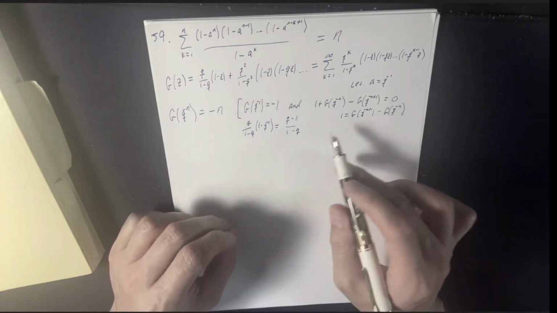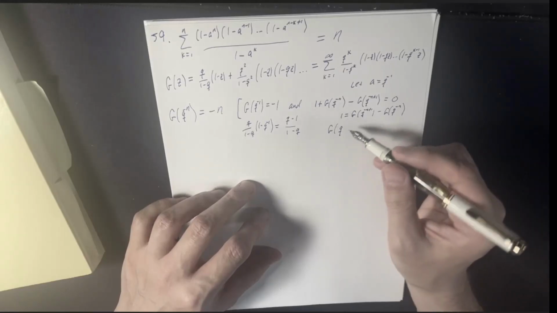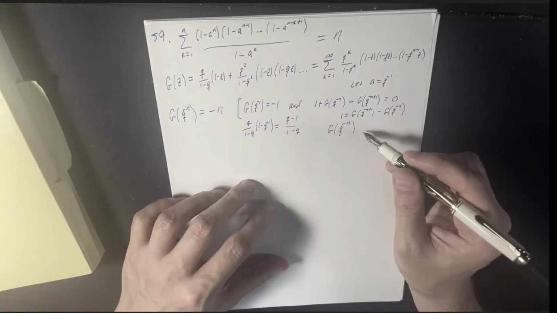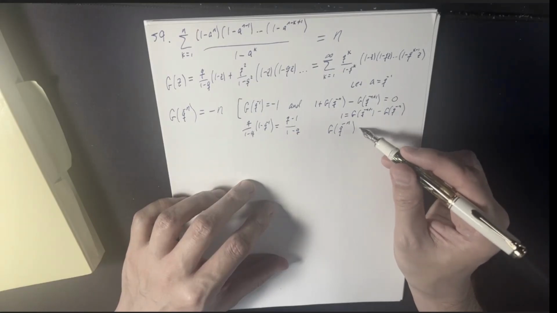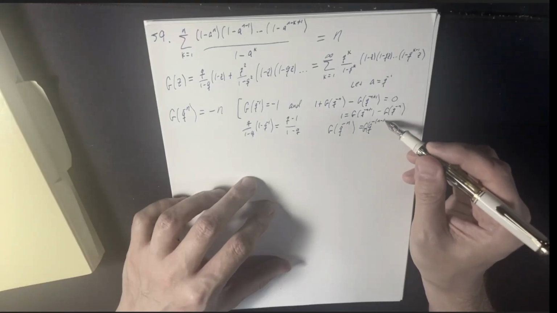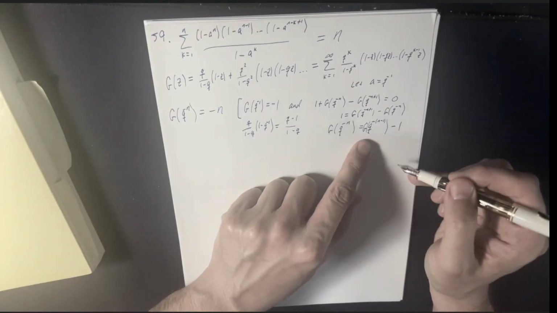Or I suppose you could flip this around. If you're trying to see a formula for q to the negative n, it's equal to whatever formula you have for negative n minus 1, and then just subtract 1 from it.